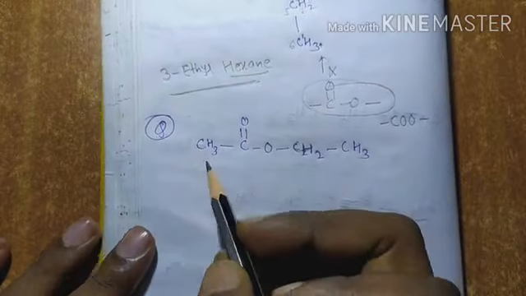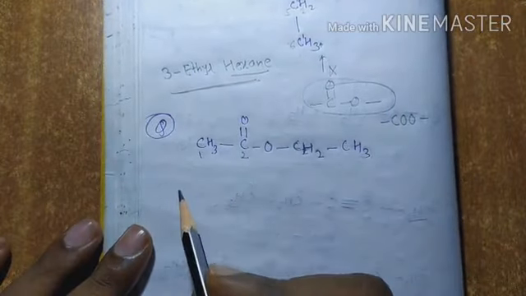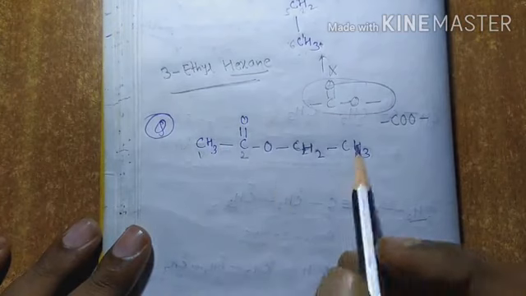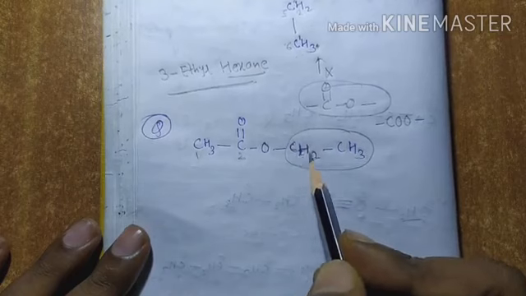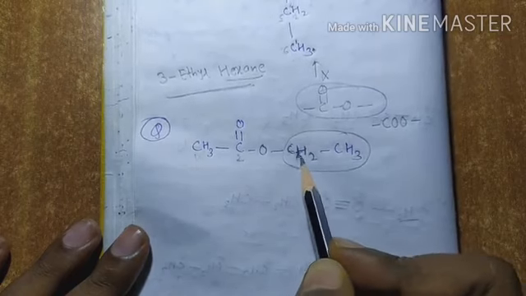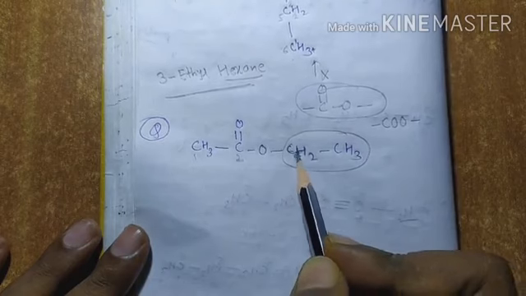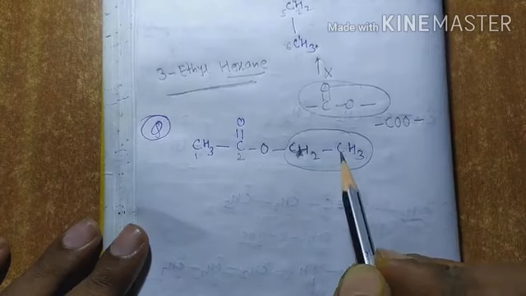So we will give the numbers 1, 2. There is only a 2 carbon chain. Here it is not C2H2, students, remember, this is CH2 only. By mistake I have written 2 here, but this is CH2 only. So this is actually C2.